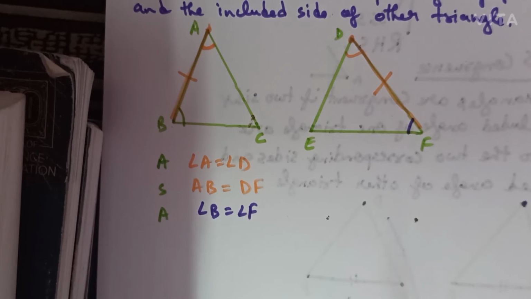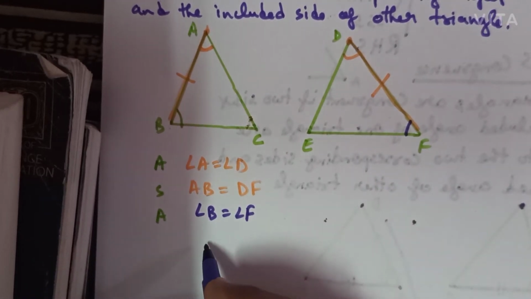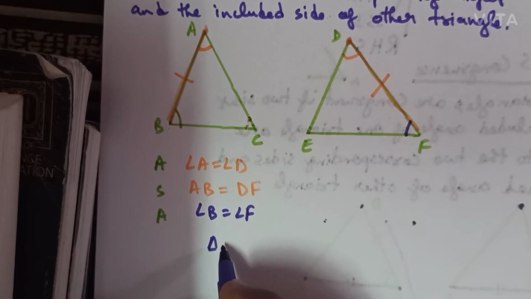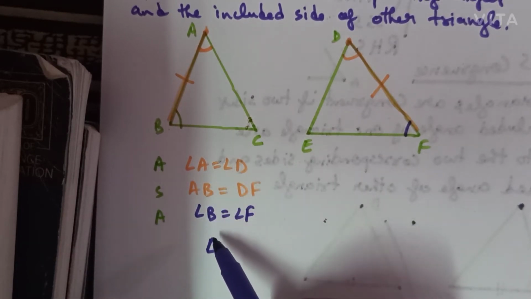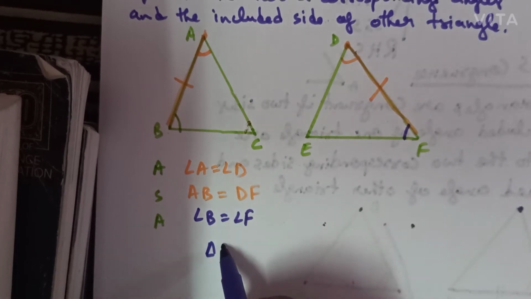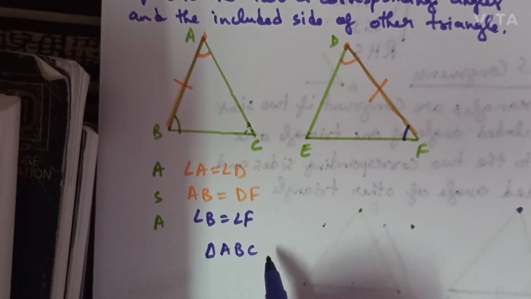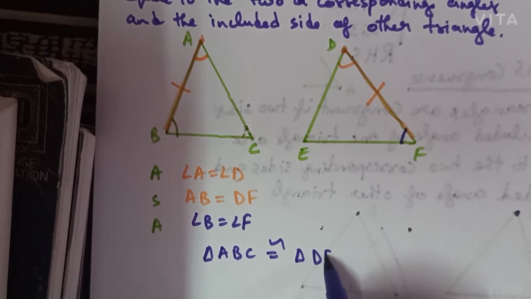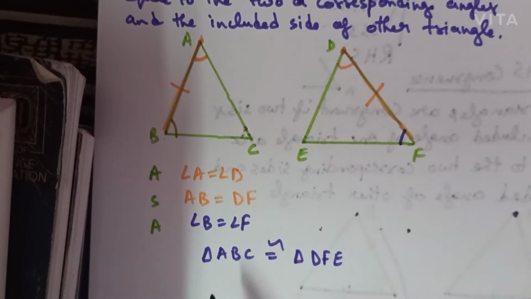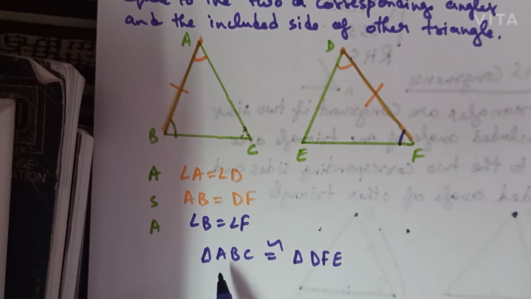So the statement can be written as triangle ABC will be congruent to triangle DFE, since corresponding vertices should match.